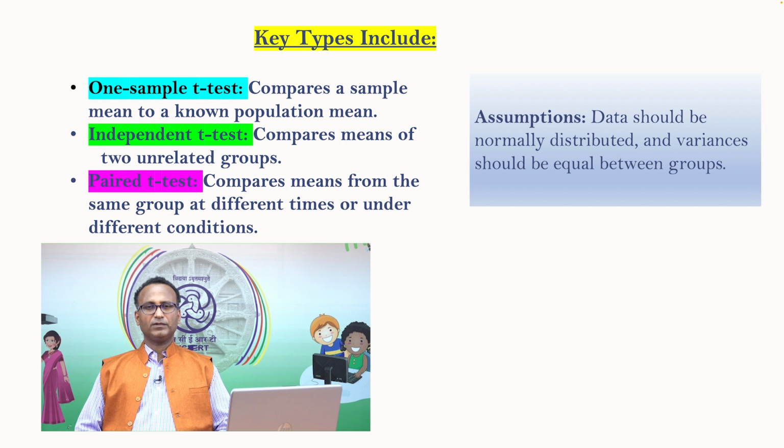The paired t-test is used when you collect data from the same individual more than once. Here what is paired? The individual is the same, but you are collecting data many times.